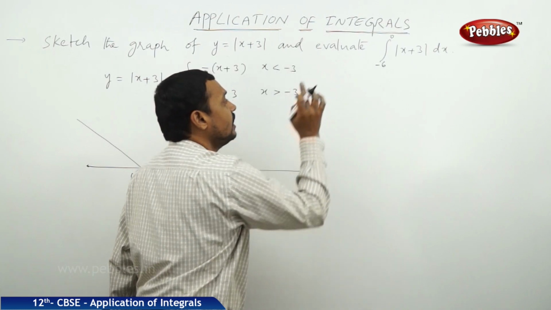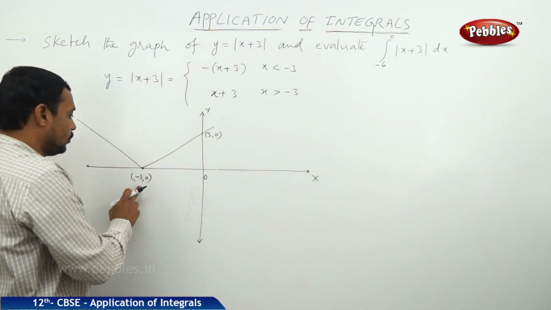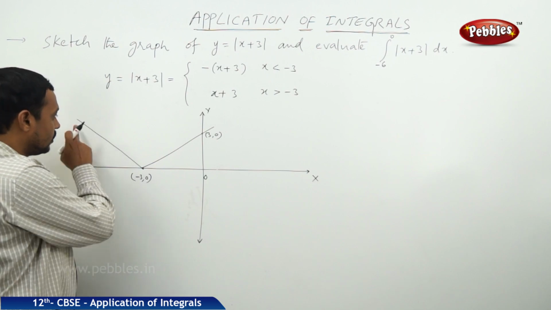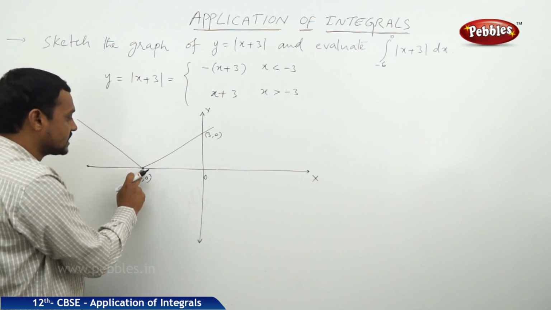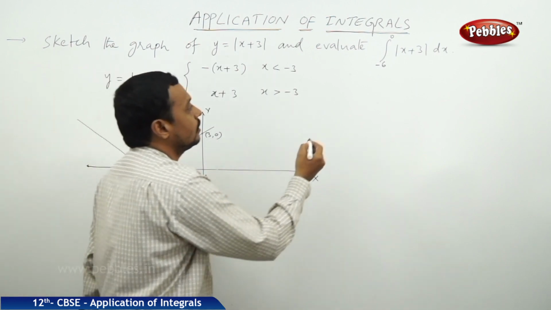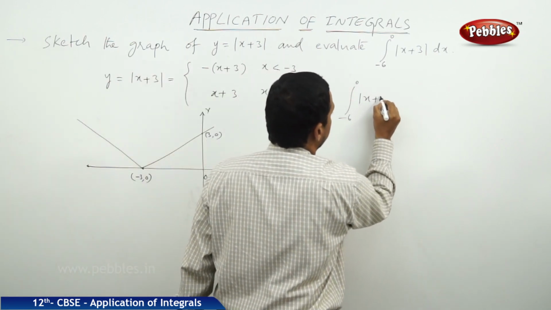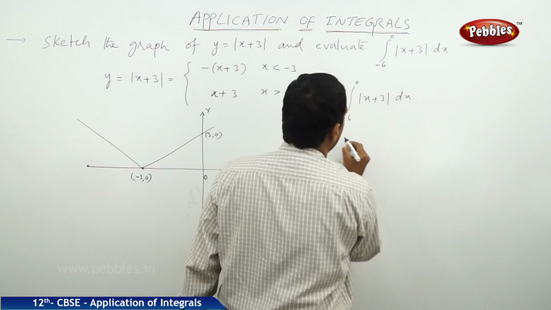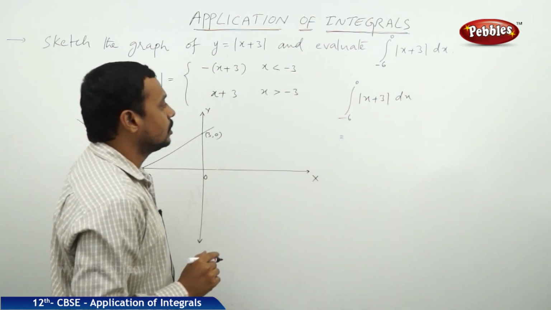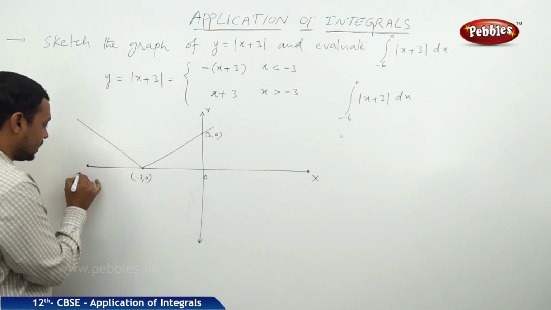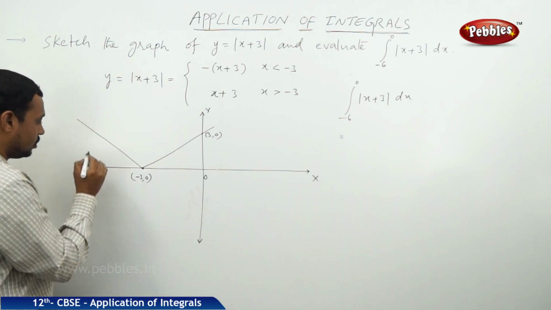Here in this interval, the graph is divided in two ways. The graph cuts the x-axis at minus 3. So integral of minus 6 to 0 modulus of x plus 3 dx is equal to, see, between, let the point be minus 6 comma 0.